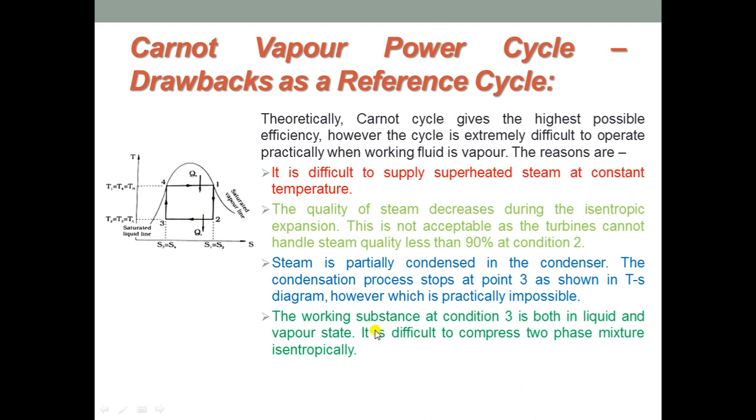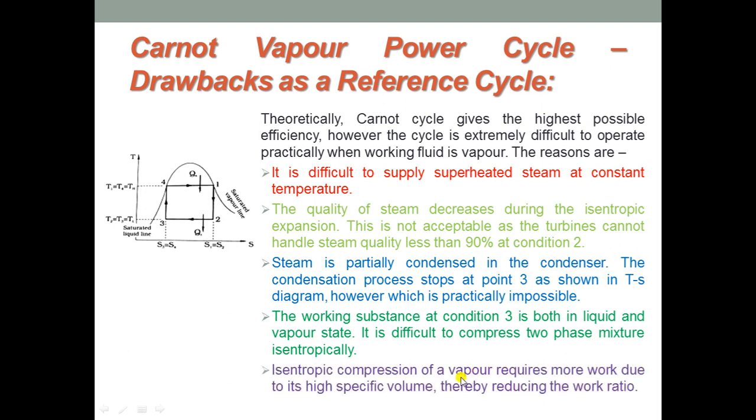And the next reason is that the working substance at condition 3 is in both liquid and vapor state. So, it is difficult to compress a two phase mixture isentropically using a compressor. We do not have a compressor which compresses a substance that has two phases. It is practically impossible.